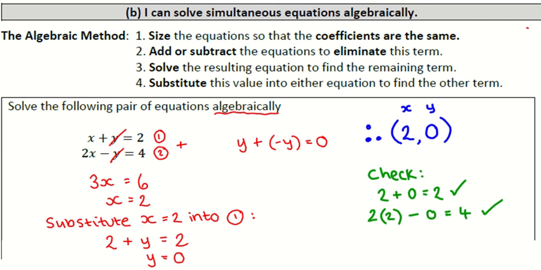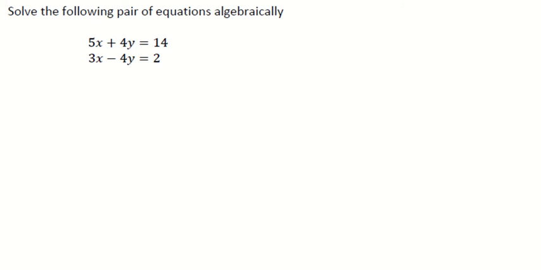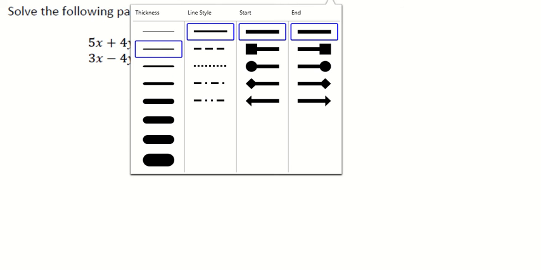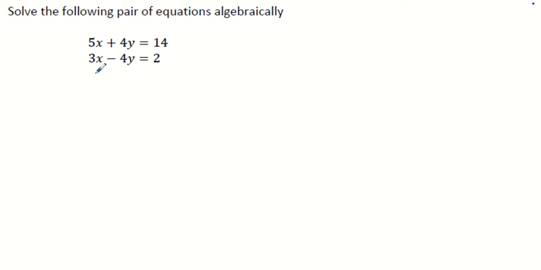So I'm going to go over the next example with you. So turn over the page, please. Right, this time you have 5x plus 4y equals 14 and 3x minus 4y equals 2. So label these with equation 1, equation 2, and straight away look for any similarities in the x and the y variables.